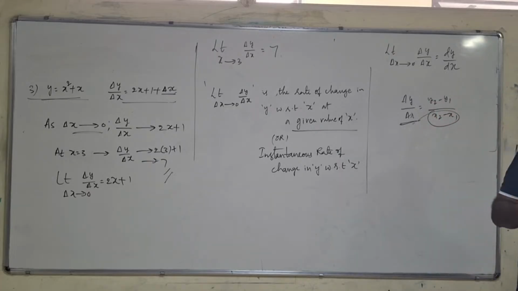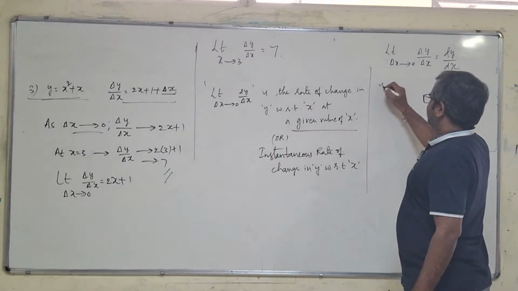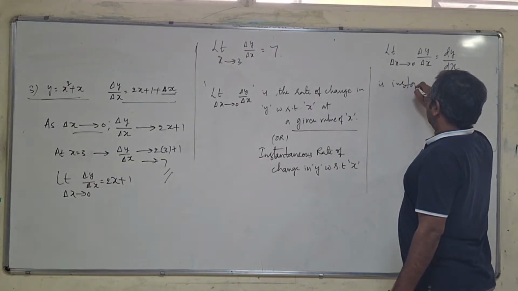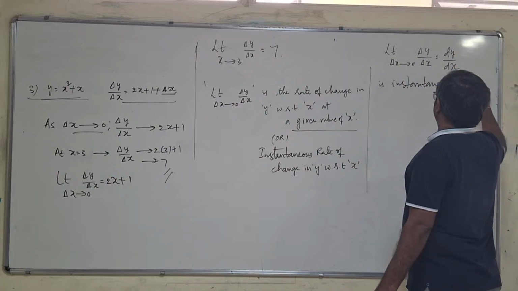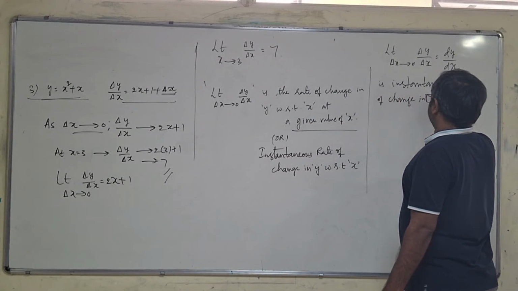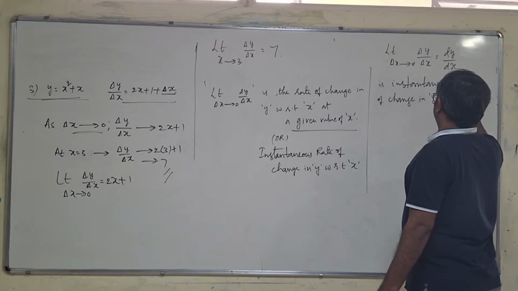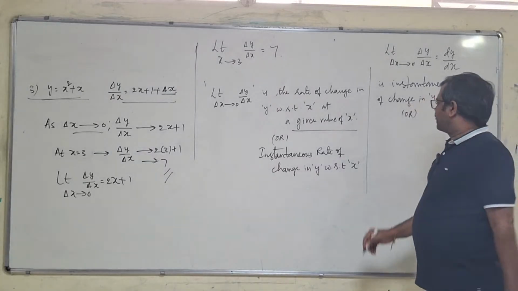Are you following what I'm saying? Okay. So dy by dx is what? Instantaneous rate of change in y with respect to x.